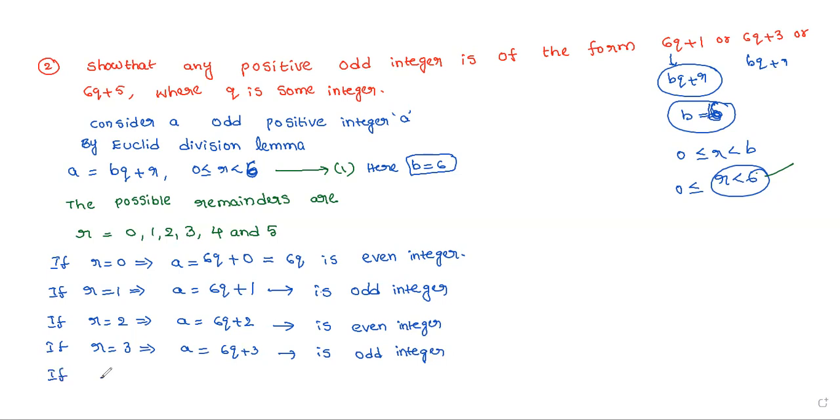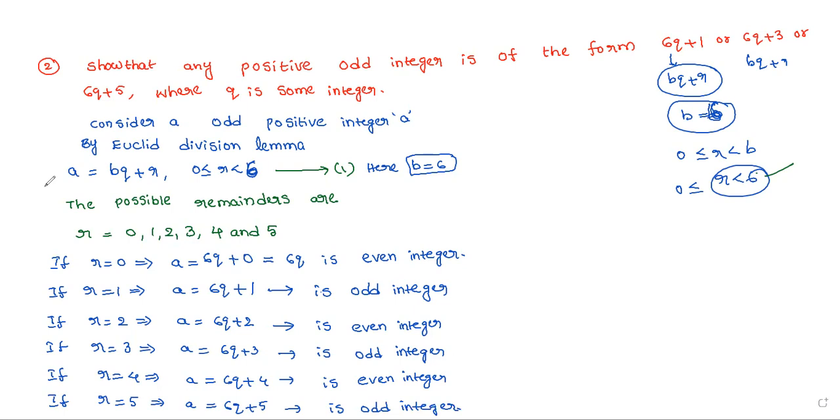If r is equal to 4, a is equal to 6q plus 4, an even integer. If r is equal to 5, a is equal to 6q plus 5, an odd integer.